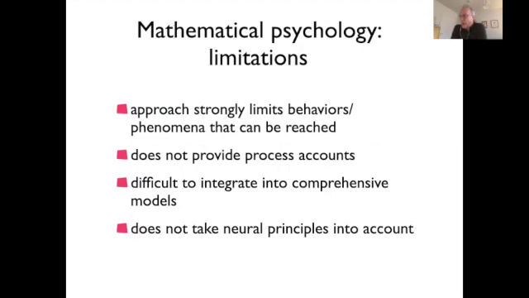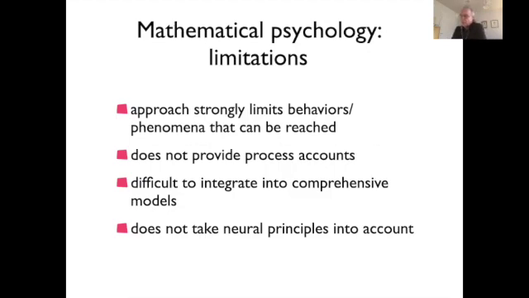It's somewhat narrow in the sense that the approach itself strongly limits the kinds of situations where simple mechanisms like that can be developed. It describes the regularity. It doesn't actually provide what we now call a process account. In the end, I will come back to that topic.